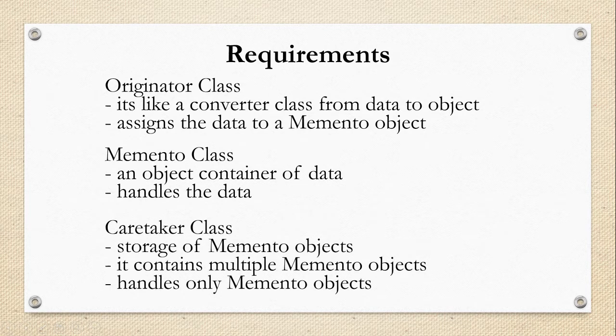After converting the data to an object, it is then stored in the caretaker class, which is the storage of memento objects. This class contains multiple memento objects, and it only handles memento objects.